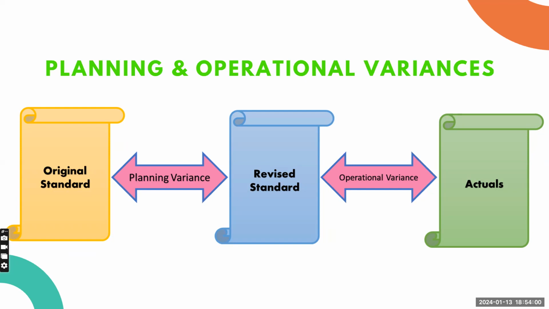Because of some planning inefficiency. I haven't planned the budget properly. That's why I get a variance. So we say it's a planning variance. And then we have the other one, our revised budget and the actuals. That is not because of my planning inefficiency. That is because of some operational variances. So we call it the operational variances.